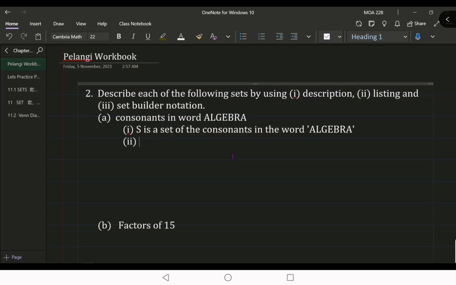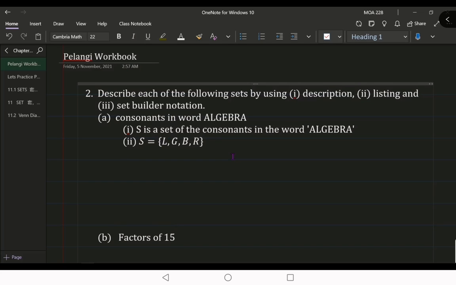Okay, so you can say S is A, L, G, the consonants, no, not including the A, that means L, G, B, R. Okay, A and E are vowels so not including them.